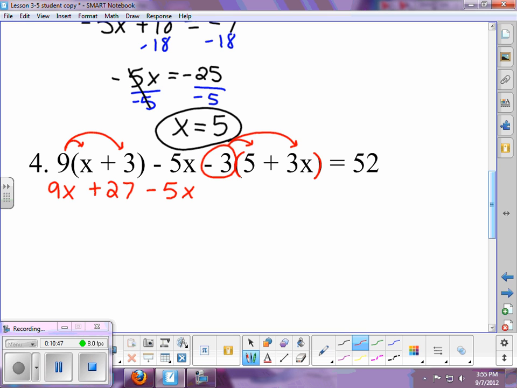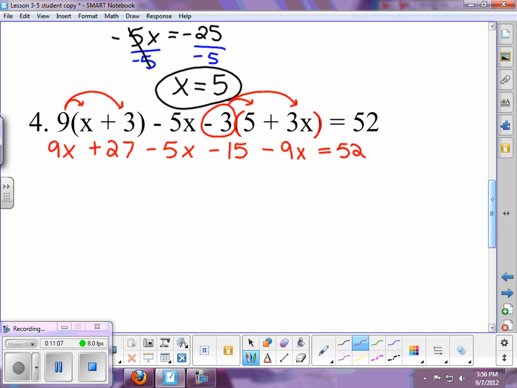So really I've got to think about negative 3 times 5 is negative 15. And negative 3 times 3x is negative 9x. Be very careful with that. Sometimes it helps to do what I've done there and circle what you're distributing. That way you notice the sign.